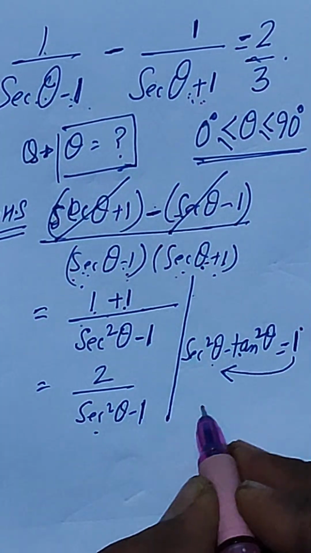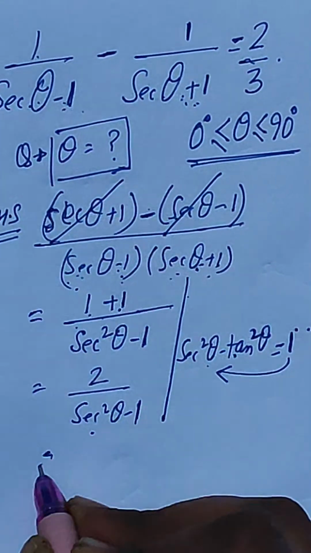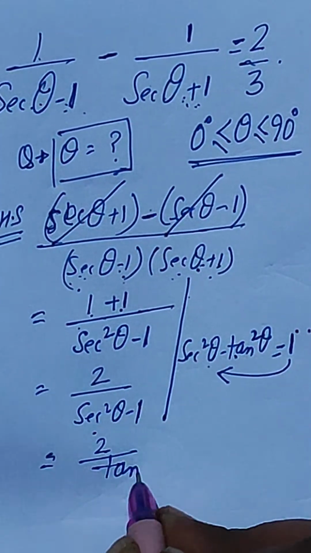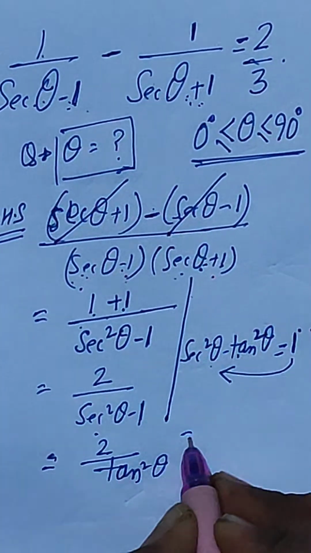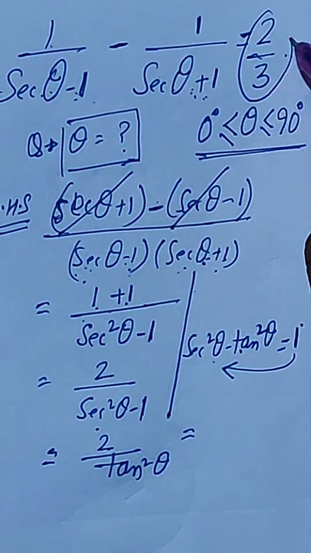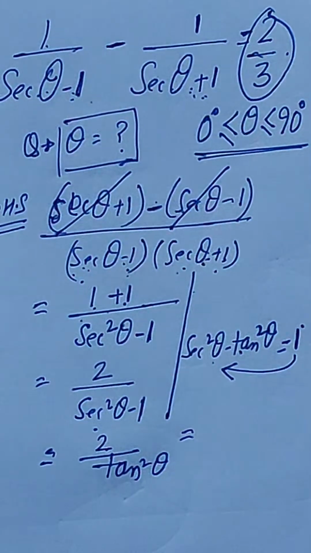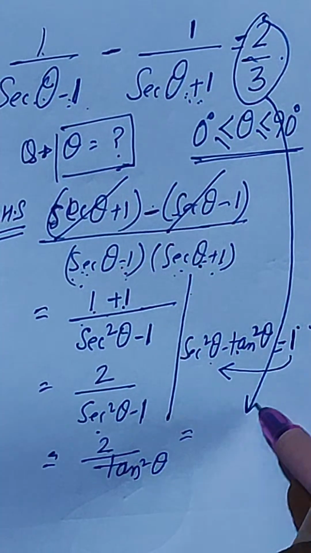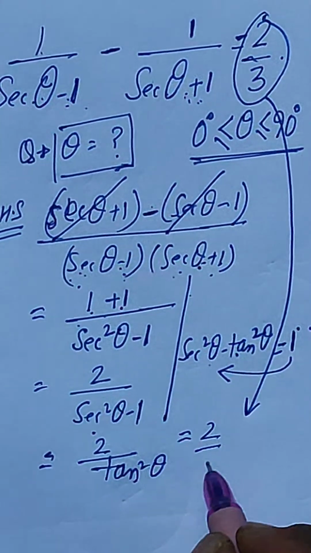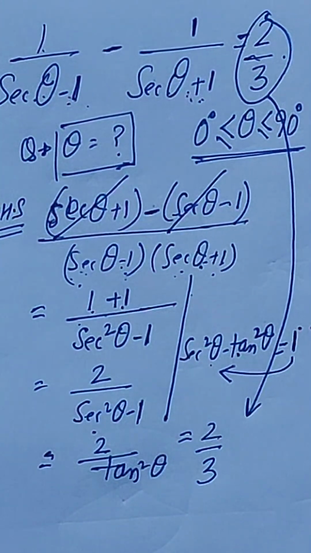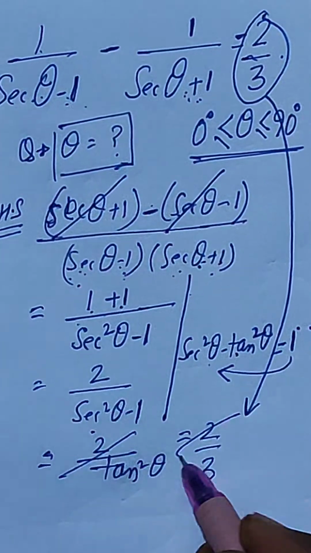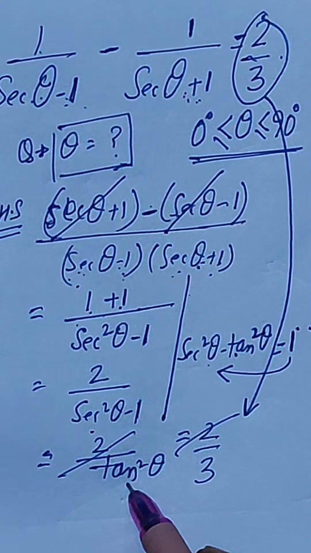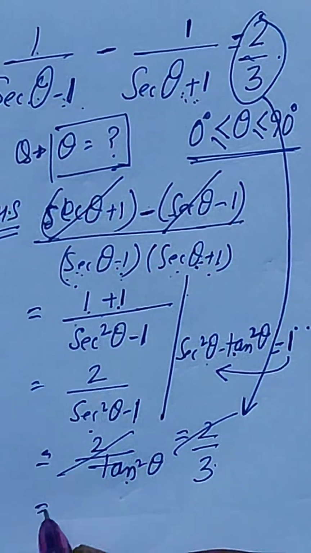So from here we can write 2 by sec square theta minus 1 as 2 by tan square theta, and this is equal to your RHS, 2 by 3. When you equate it with the RHS, 2 and 2 will be cancelled out, and we have tan square theta equal to 3, right?